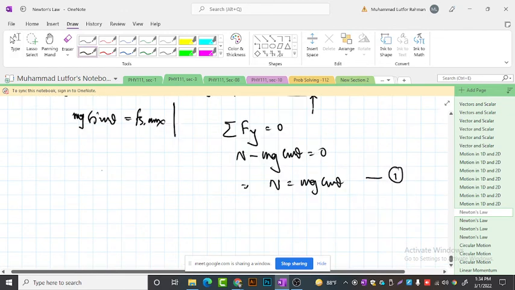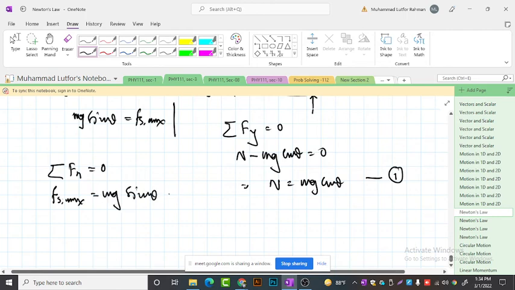For the second case, I'll find this equation over here. Say the net force along x would also be 0, because it is still stationary. In that case, Fs max minus mg sin theta, that's equation number 2.